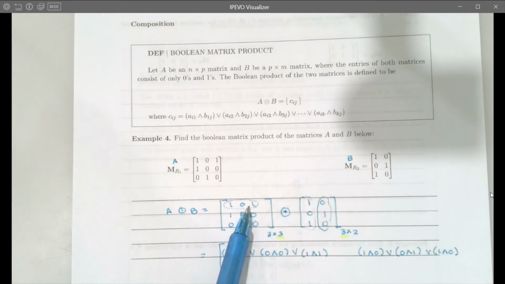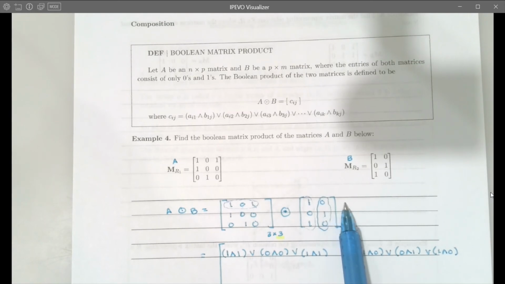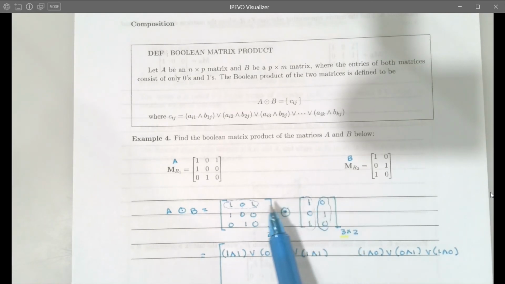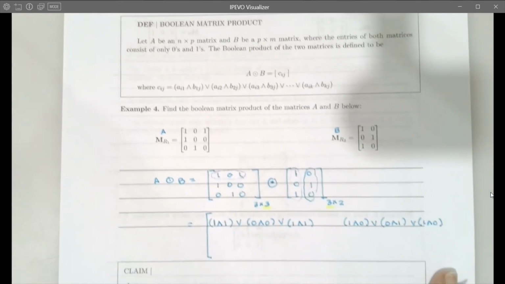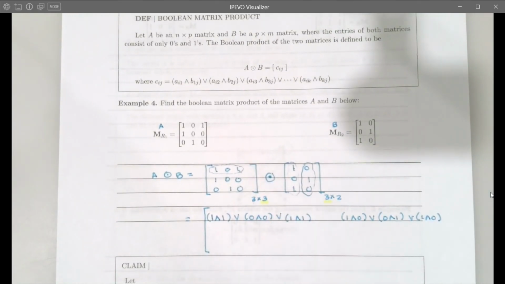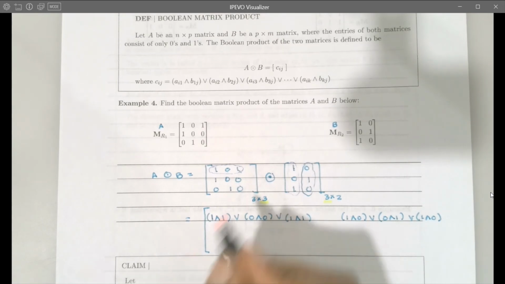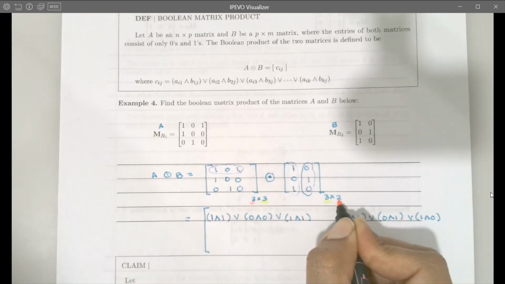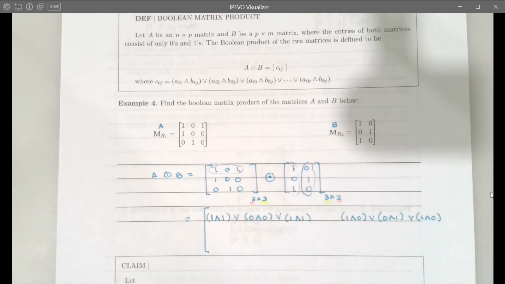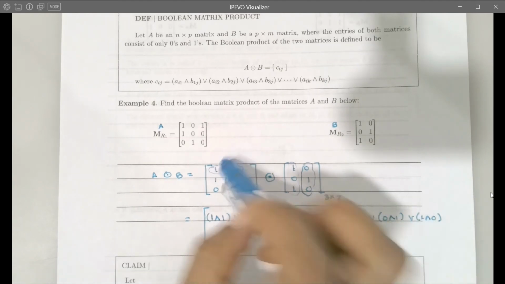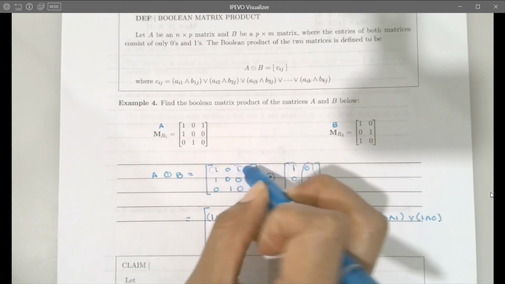Alright, and then because there are no more columns, I'm going to end up with just 2 columns in my final result, which makes sense because the ending dimensions of the final outcome are going to be the outer subscripts of the 2 matrices. So we're going to end up with a 3 by 2. Okay, so now we move on to the next row.